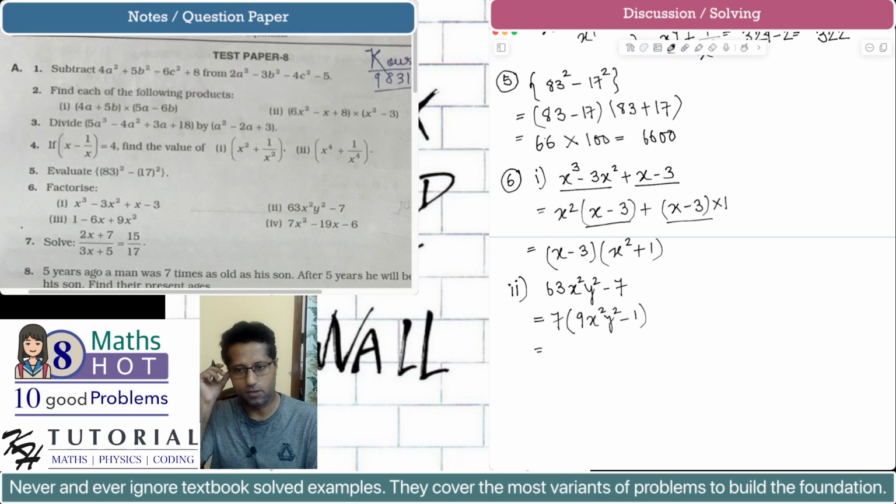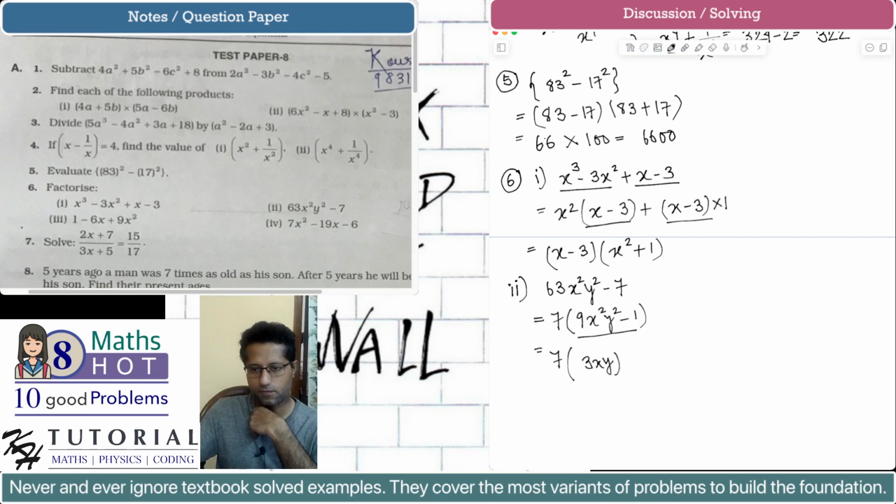The factorization is not yet complete, because the expression 9x square y square minus 1 is in the form of a square minus b square, because we can write it as the square of 3xy, and 1 can be written as 1 square.